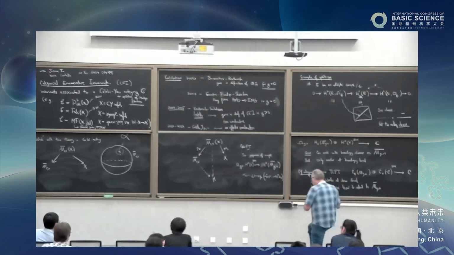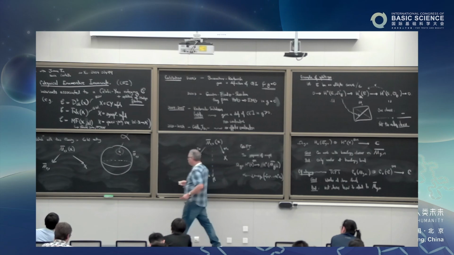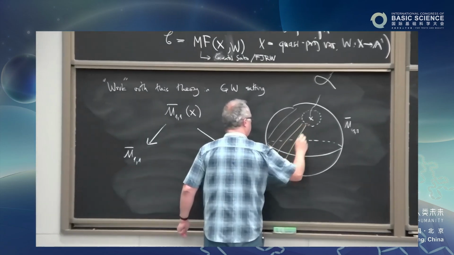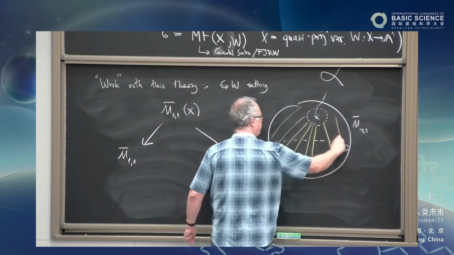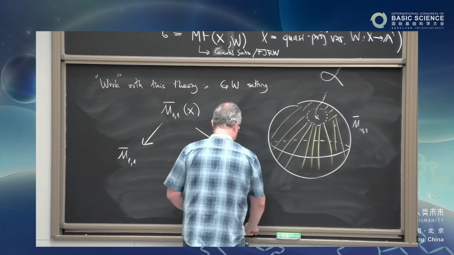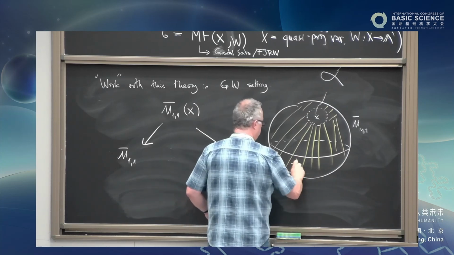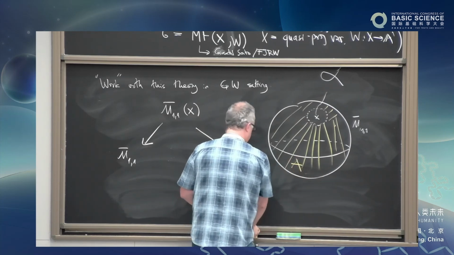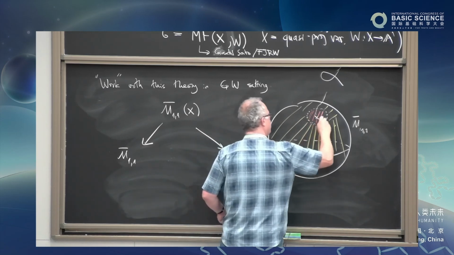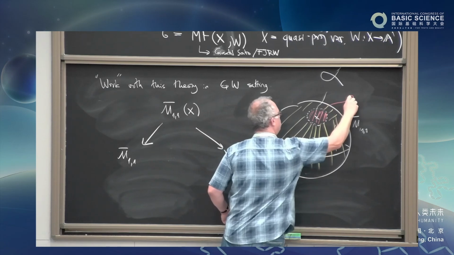I'm going to decompose M11 bar into two parts. One is everything outside of this disk, which I'm going to call A, and then everything inside the disk, which I'm going to call B.